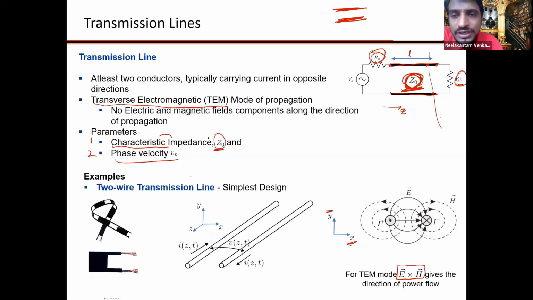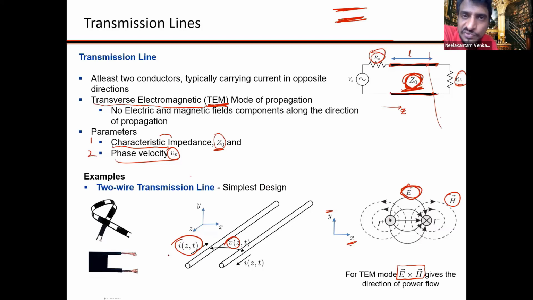How the Z0 and the VP will translate to the circuit parameters, we will have to know by knowing the electric and the magnetic field. Turns out that for the TEM mode, this electric field will translate to a voltage, and this magnetic field will translate to a current.